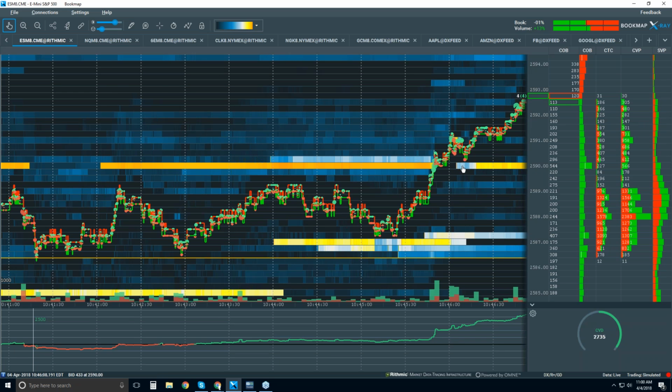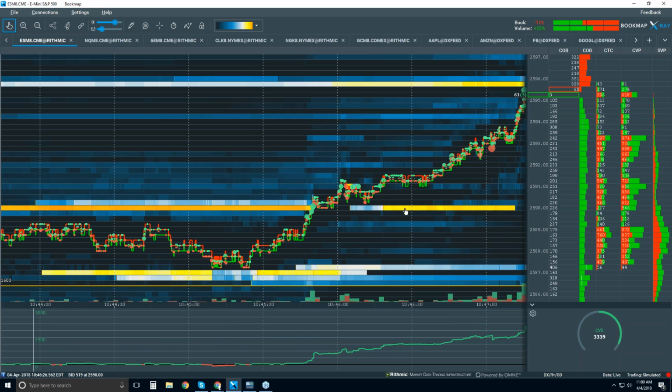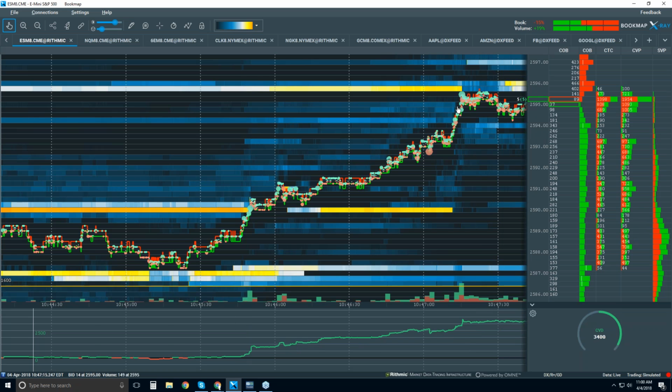It looks like they flip on the other side here, and then as price is going away, now they're even more interested in just staying in the book, and they pull here. They probably pulled and added to higher areas.